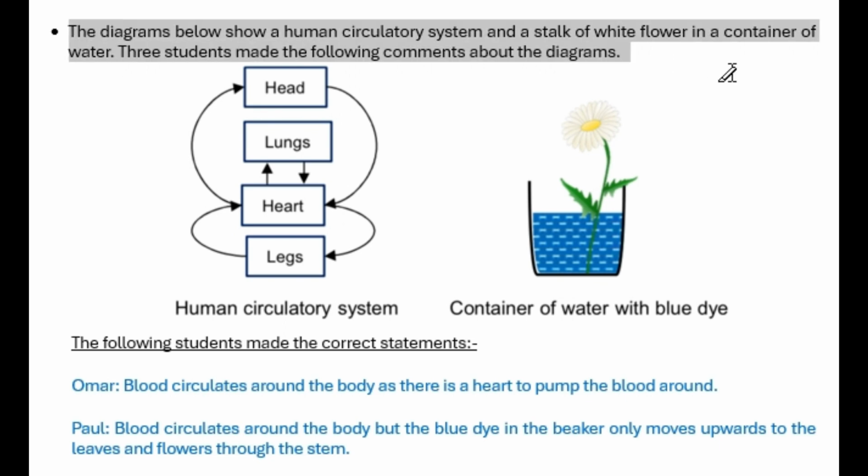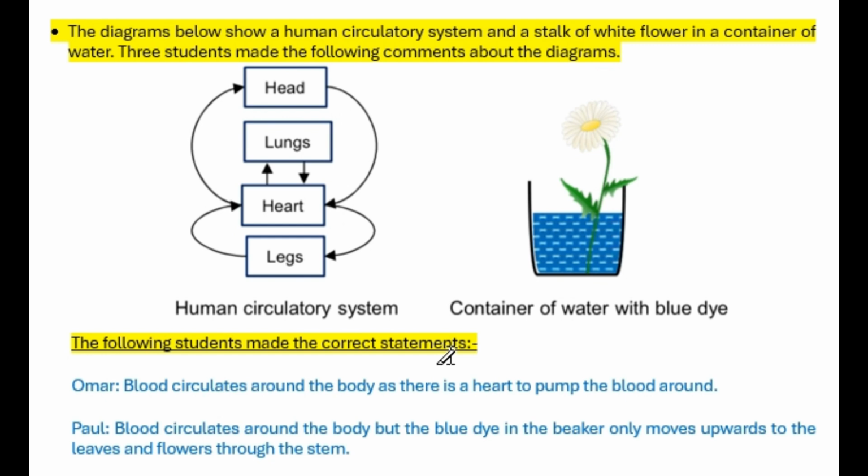The diagrams below show a human circulatory system and a stalk of white flower in a container of water. 3 students made the following comments about the diagrams. The following students made the correct statements.